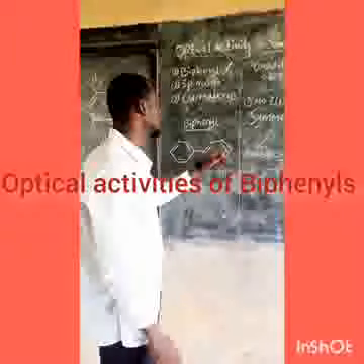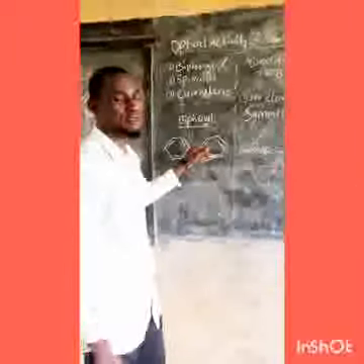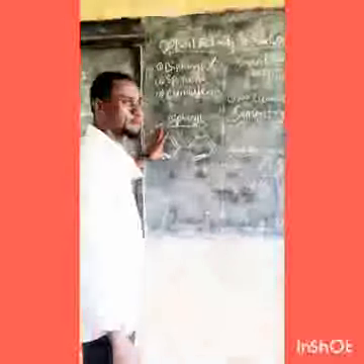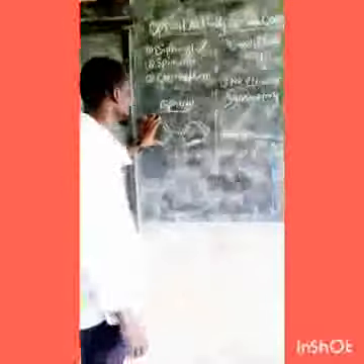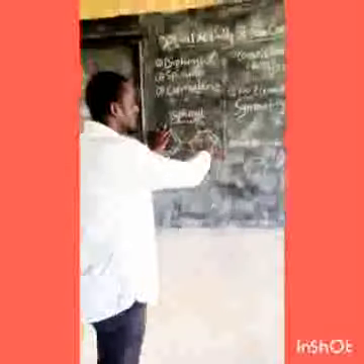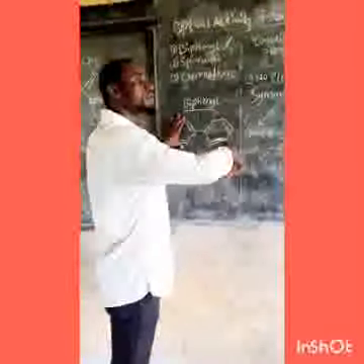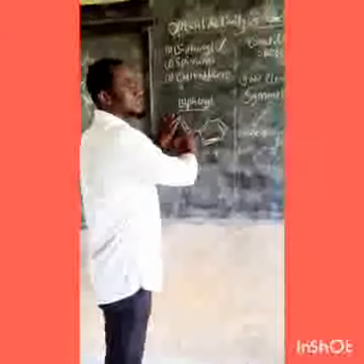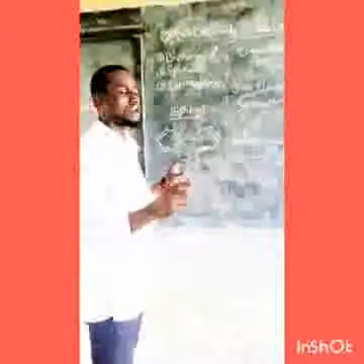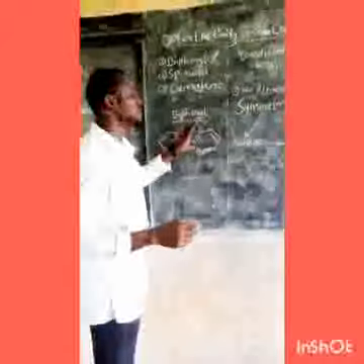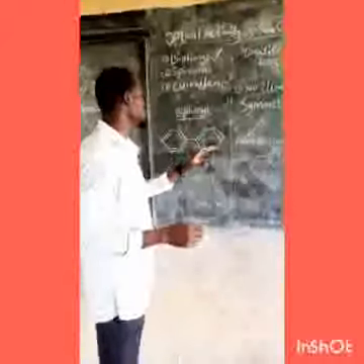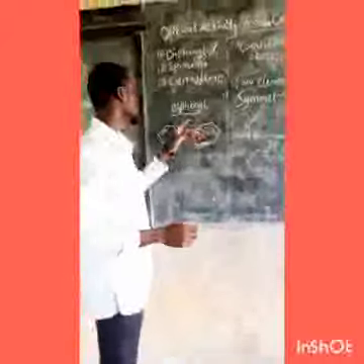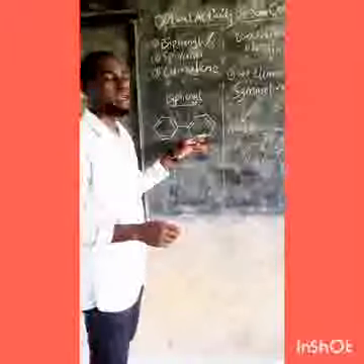This is a biphenyl, two benzene rings joined by a sigma bond. Under normal conditions, if you restrict one of the rings and rotate this one, it will give you different isomers, and those isomers cannot be isolated except you introduce substituents to the four ortho positions.